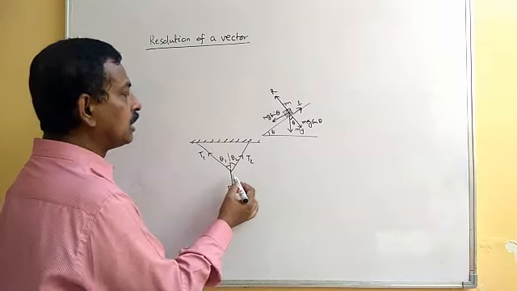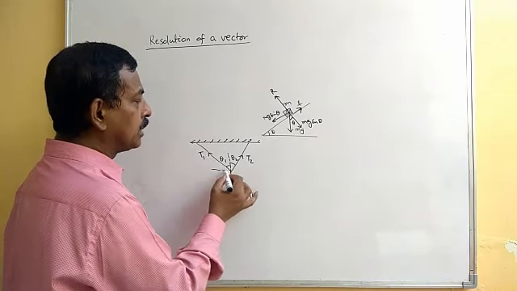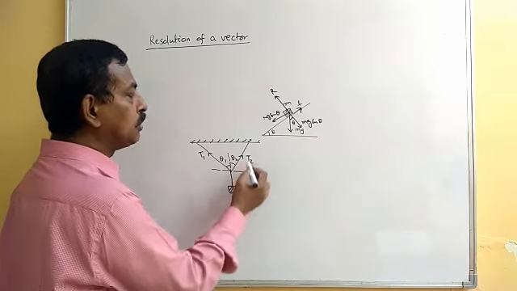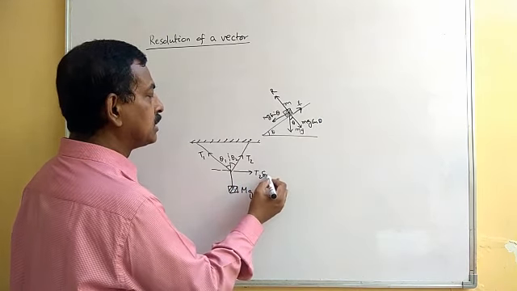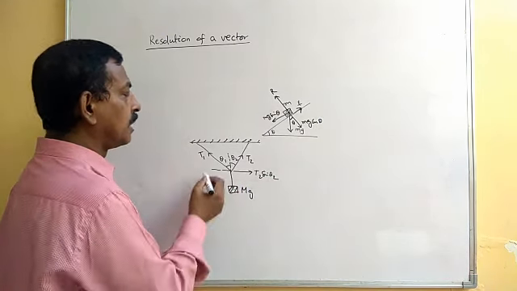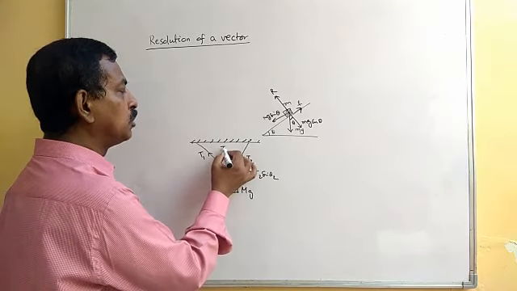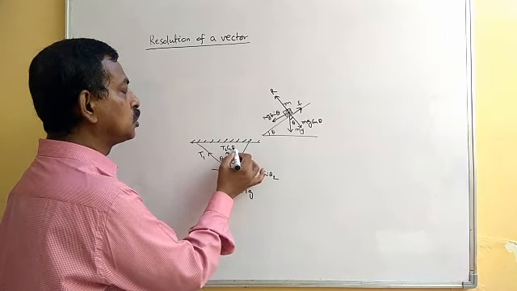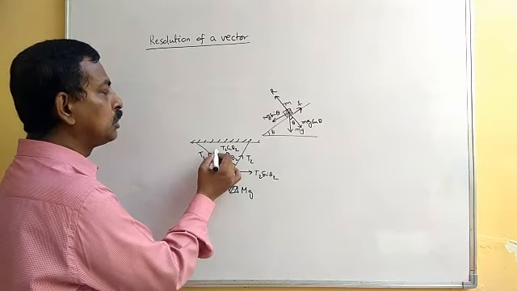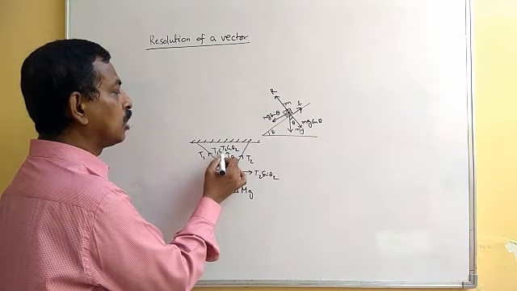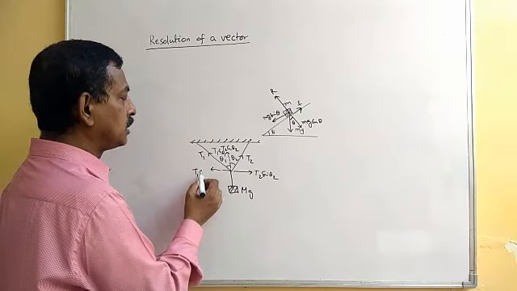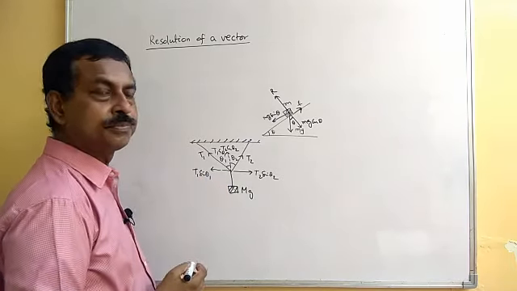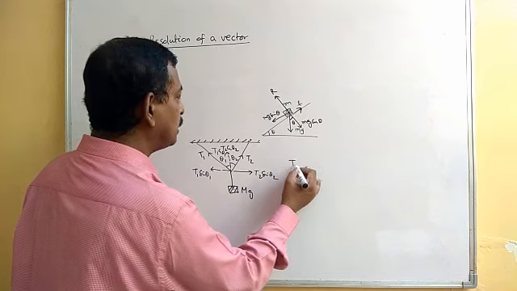So for its equilibrium we can resolve the tension: in this direction it will be T2 sine theta 2, in this direction it will be your T2 cos theta 2. For T1, if you represent, it will be your T1 cos theta 1, and here it will be your T1 sine theta 1.